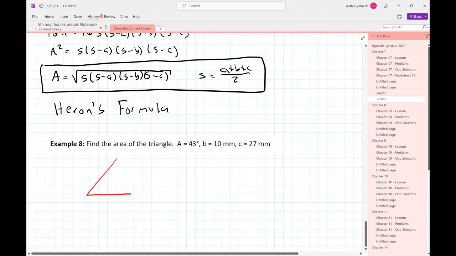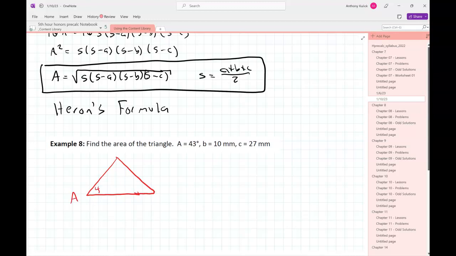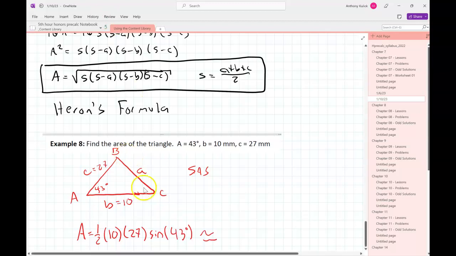I'm going to start by drawing a picture because I'm not sure if this is a side angle side or side angle, and the picture helps me. I can tell right away from my picture that this is side angle side. So I can just use my side angle side formula. So 1/2 B times C times sine of A. Nothing more to it than that.